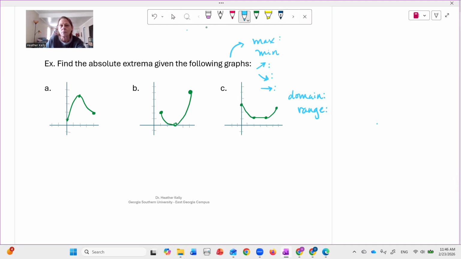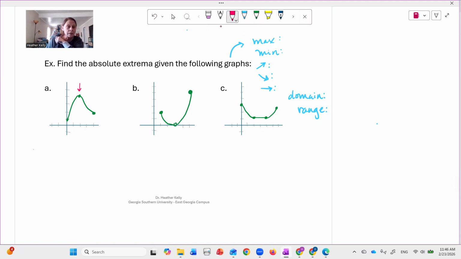All right. So let's do the first one here. The absolute extrema. So the very highest point and the very lowest point. The maximum, the very highest point, is right here, and that point is 2, 4.